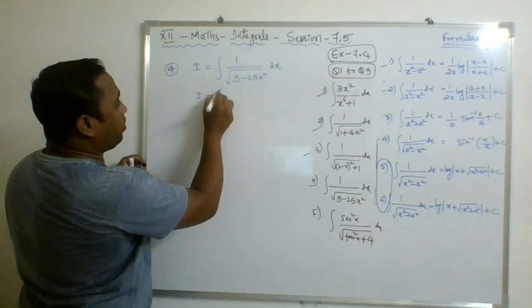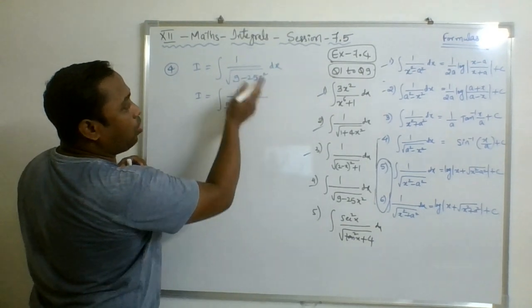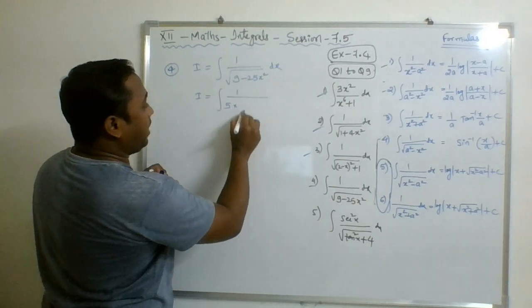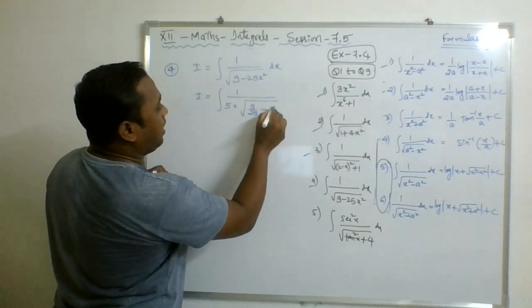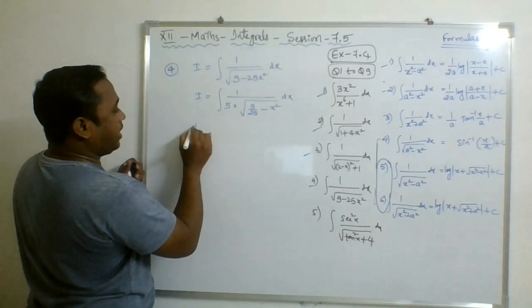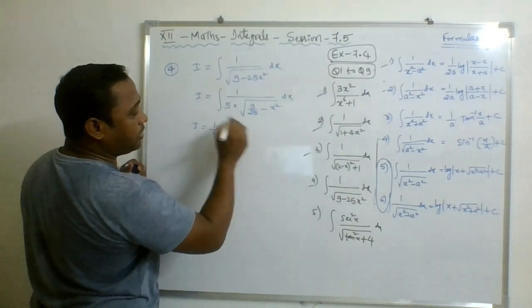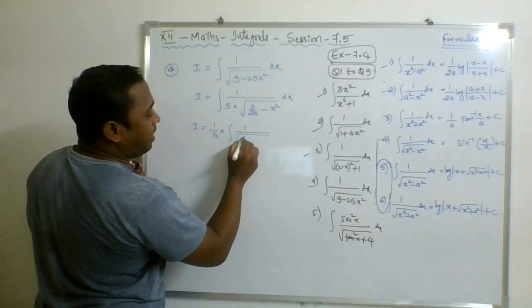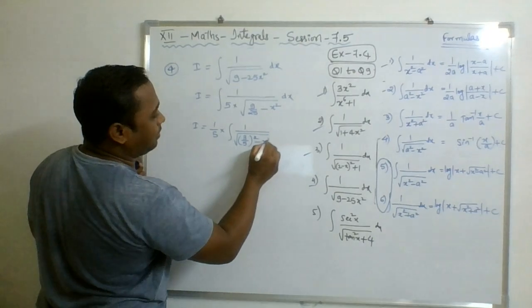If I take 25 as a common factor, it is going to become 5 outside the root, and then we are left with 9 by 25 minus x square dx. So I can write 1 by 5 as a constant outside the integral. So 1 upon under root of 9 by 25 can be written as 3 by 5 the whole square minus x square dx.